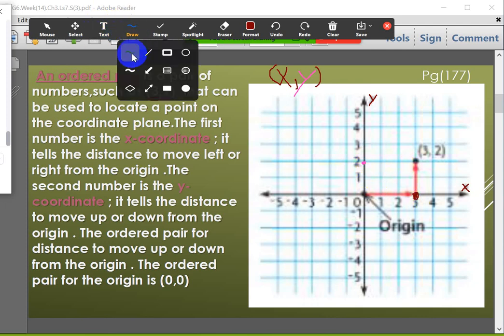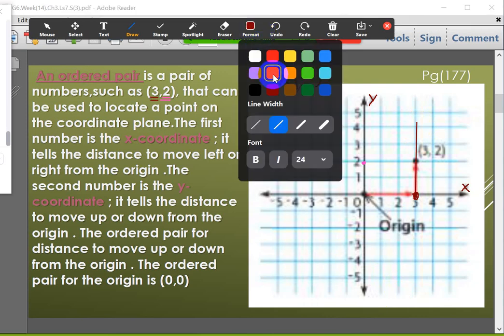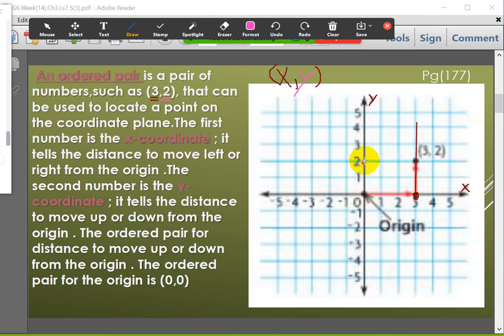What is the point? To know the point, girls, look at this. First, from the x I will draw this line. Okay? From the x, I will draw this line, and from the y, I will draw this line.